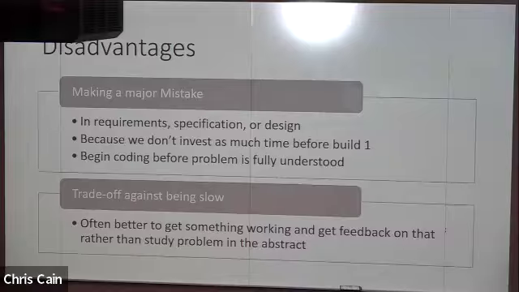We don't invest as much time before build one, so build one doesn't get you as much information as it would have otherwise. You're also starting to implement before you understand more than just the outlines of those triangles. So coders might not have a full grasp of all of the technical limitations of everything that they're going to be doing eventually. Issues like that.